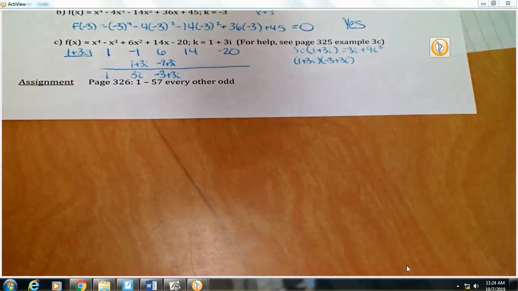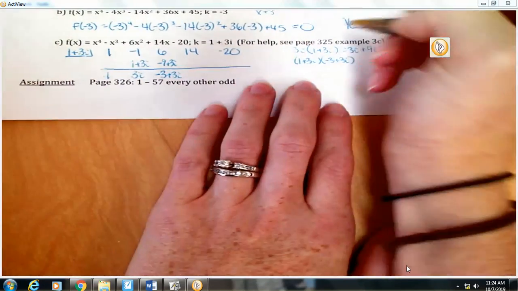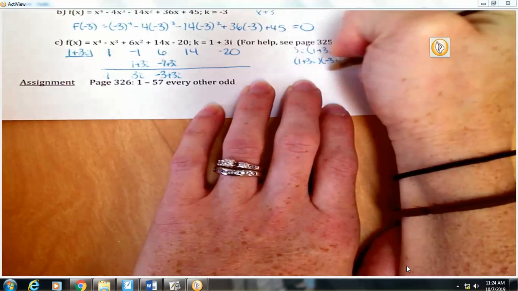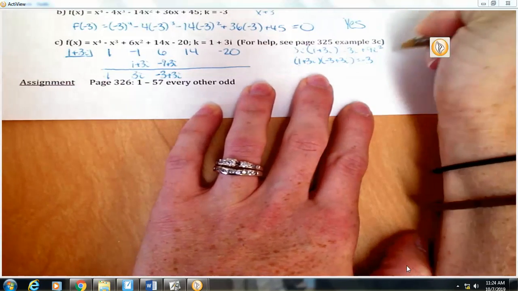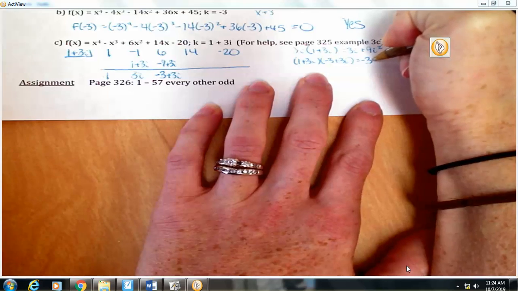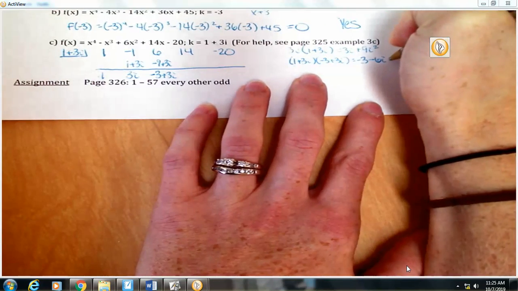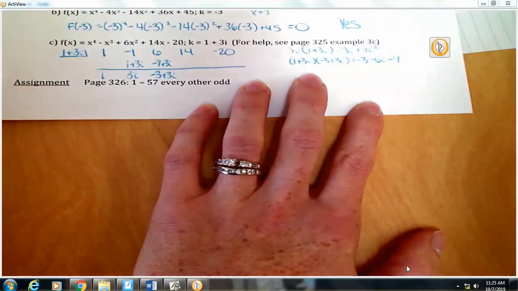So we have to FOIL those, but we've done that before. It's not anything new. So that would give me negative 3 plus 3i minus 9i would be minus 6i plus 9i squared, which is negative 9.